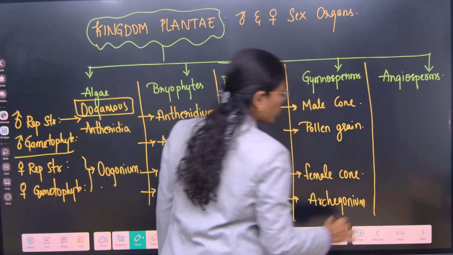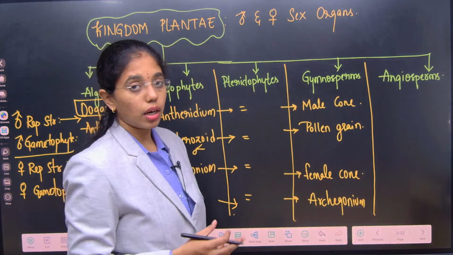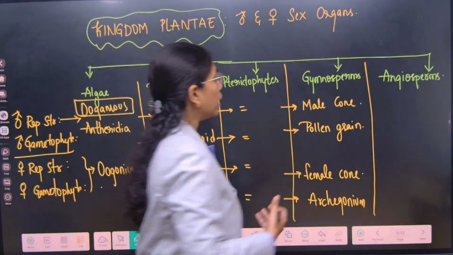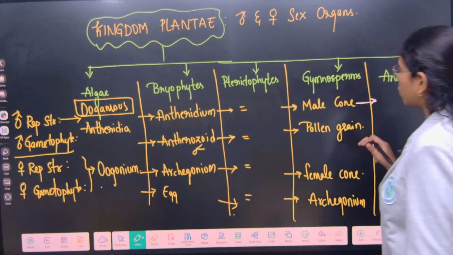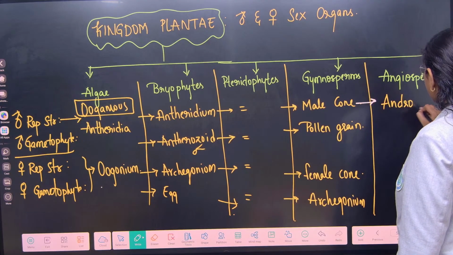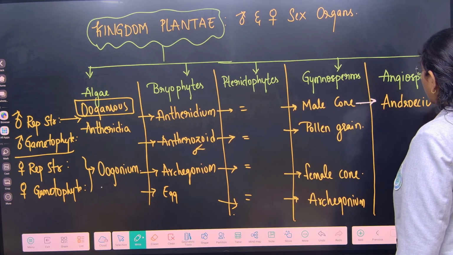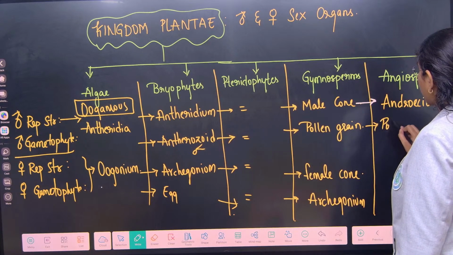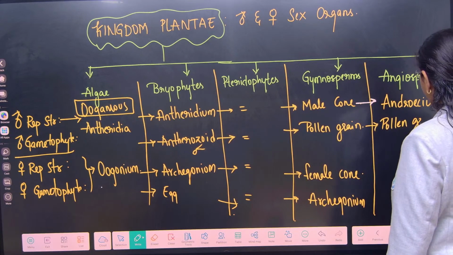Coming to angiosperms, which is the advanced division of kingdom Plantae, the male reproductive structure includes androecium, and pollen grain is the male gametophyte.